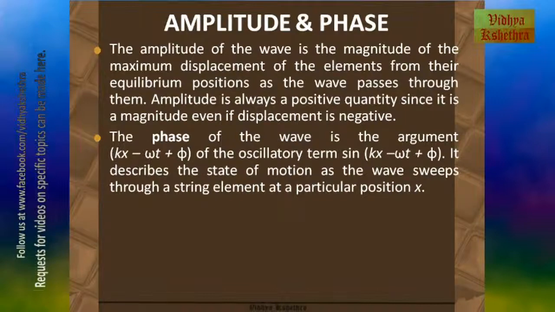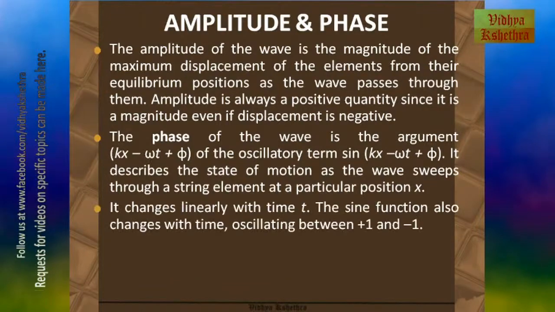For example, if the wave propagates in the negative x direction, then the phase becomes kx + omega t + phi. It changes linearly with time t. The sine function also changes with time, oscillating between +1 and -1. And based on this, the maximum and minimum amplitude of the wave are observed.